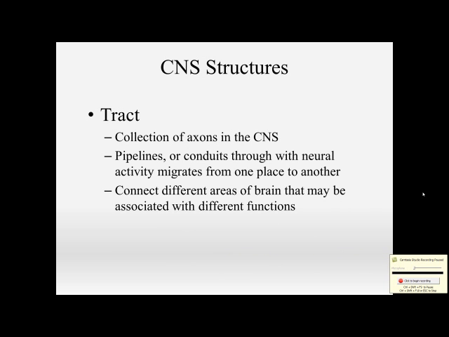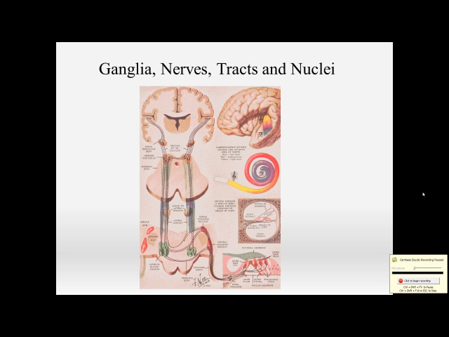So whereas a collection of axons in the peripheral nervous system was known as a nerve, when that same collection of axonal material is found in the central nervous system, it's referred to as a tract. You can kind of think of these as conduits or pipelines that are going to connect different areas of the central nervous system to one another.